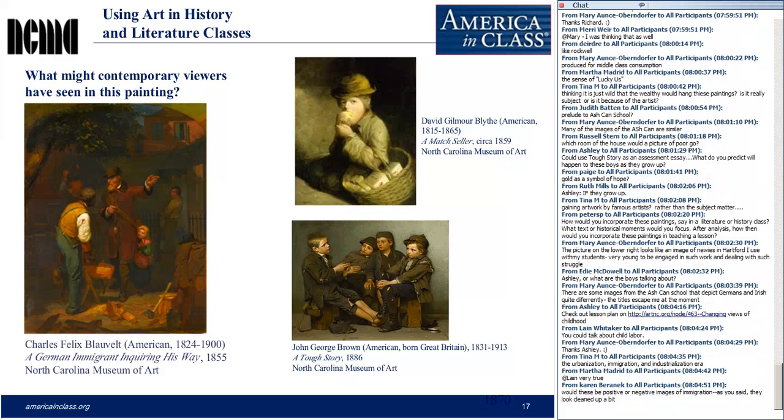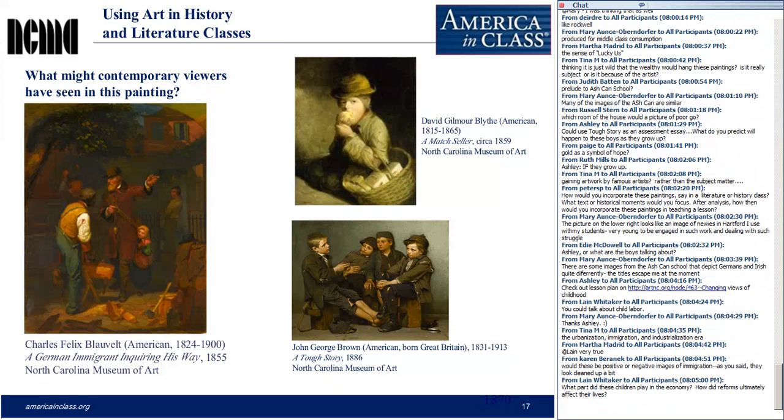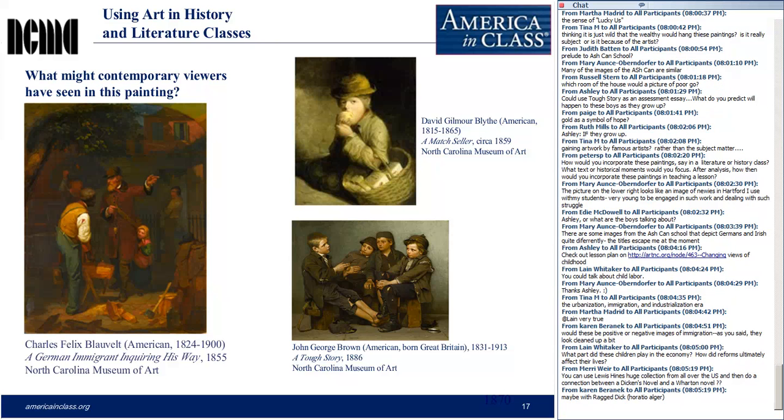The Blauvelt, I just see that if you can get people talking about how to interpret the relationships between the figures, particularly between the German man and the black man, and get people to understand the 1850s and how volatile that kind of a meeting is.